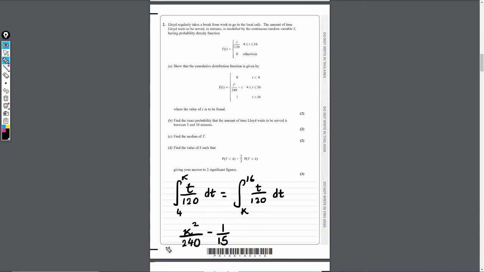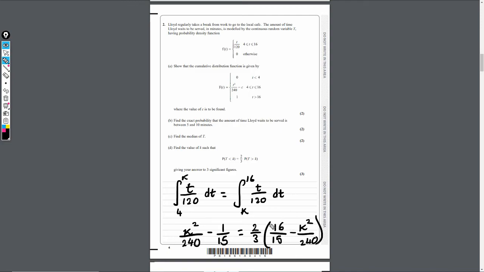Okay, so that one's nice and easy. So that's k squared over 240 minus 1 over 15. Well, it's going to be equal to 2/3 of, plug 16 into here, so that'd be 16 squared over 240, which will simplify to 16 over 15, minus k squared, k being my lower limit, so minus k squared over 240.